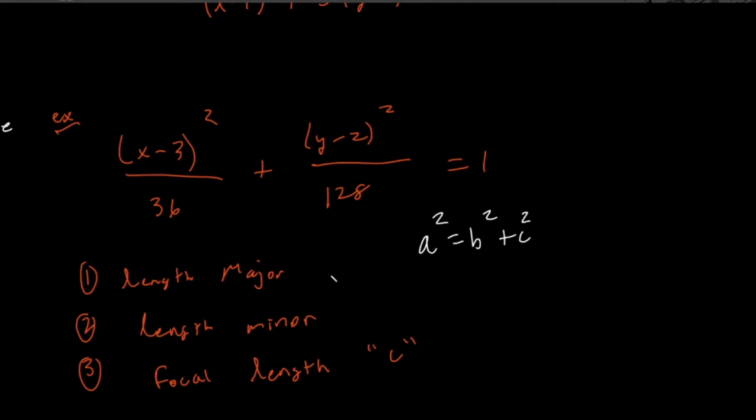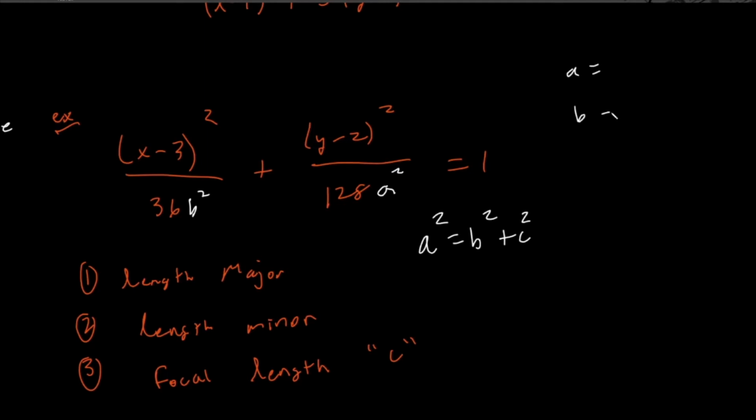Are we all done with this? I'll assume that's a yes. So, this 128 is going to be a squared, and this 36 is going to be b squared. So let's quickly find that.